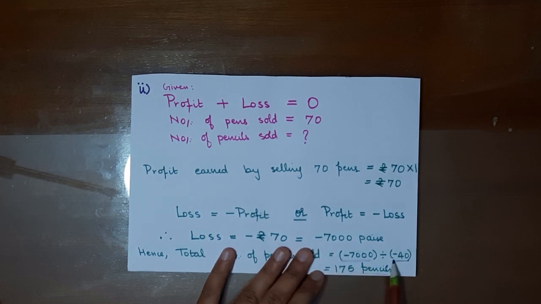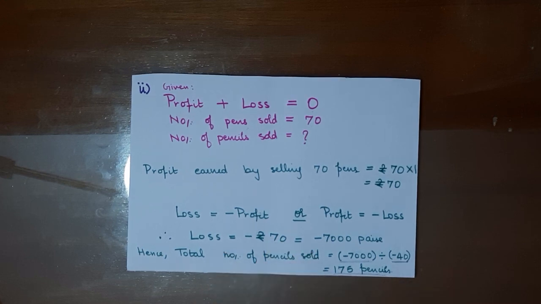So minus 7000 divided by minus 40 is equal to 175 pencils. She has sold 175 pencils.